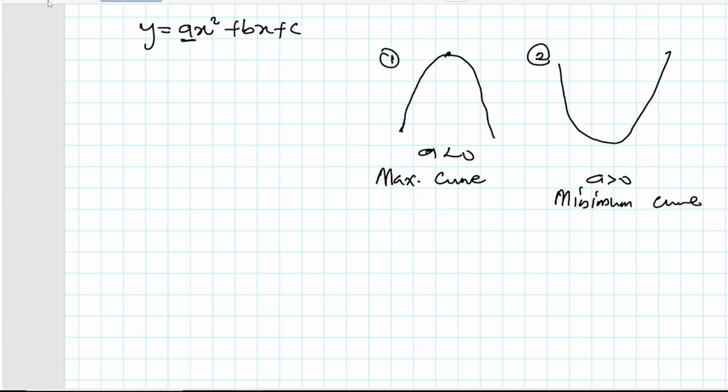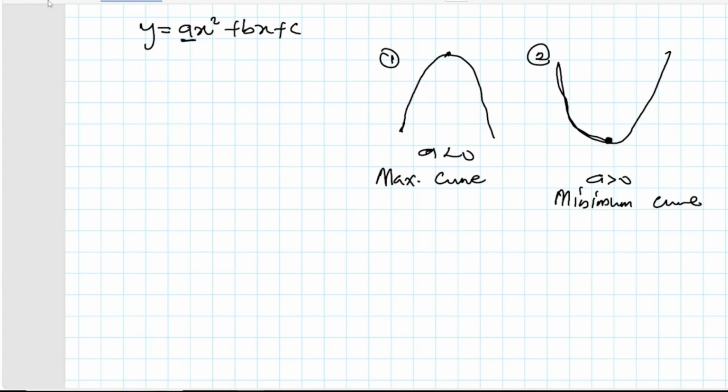So minimum because it starts from somewhere up, keeps falling or reducing until it attains a certain minimum, the lowest point, and then begins to rise again unboundedly. So that is how it looks when the coefficient a is positive.